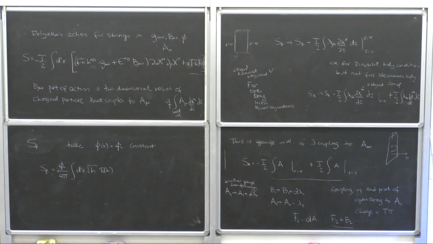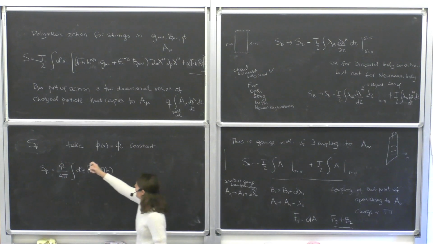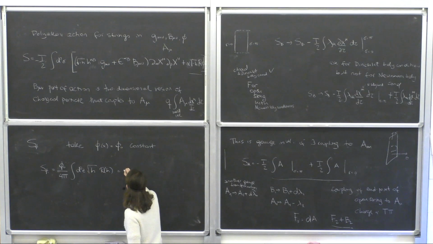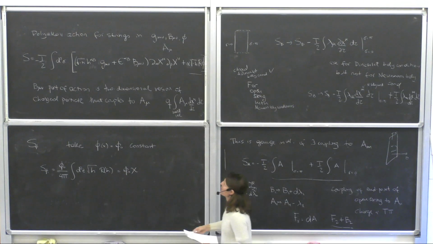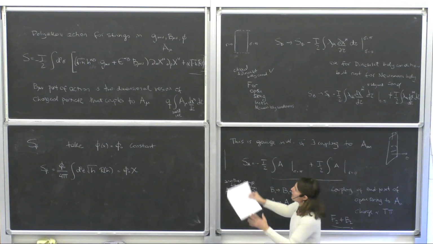Now, you should recognize this without the phi 0. This is the Euler number, right? So this is phi 0 times chi. So far we were looking locally at the worksheet.